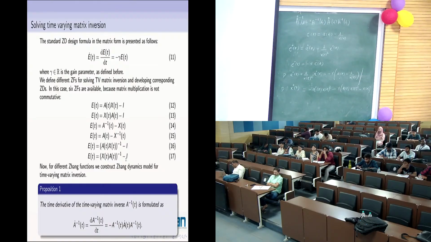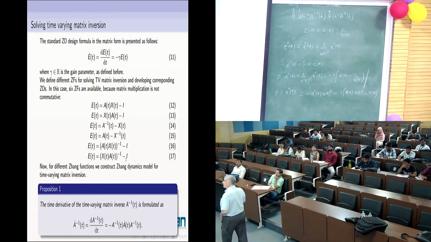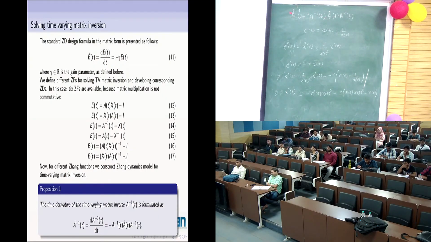Error functions 12 and 13 are the best error functions used for finding the matrix inverse. Imagine that we use formula 17, for example, with the matrix inverse, then we will have such a rule for the derivative of the matrix inverse, and then a product of 2 matrices.